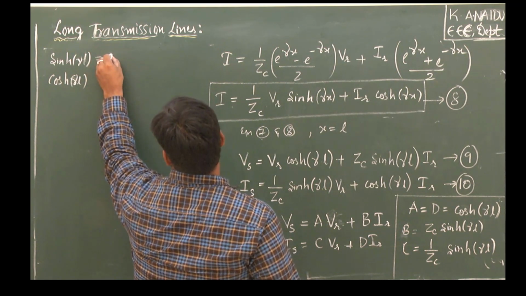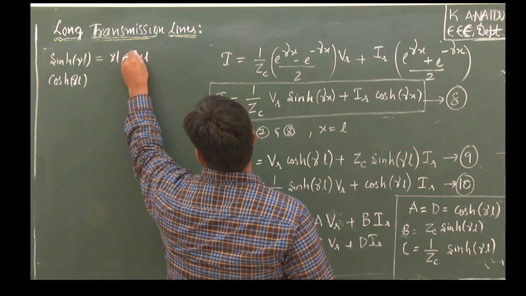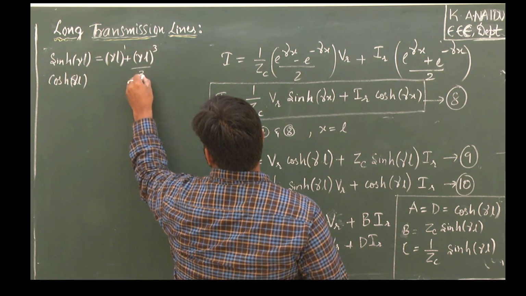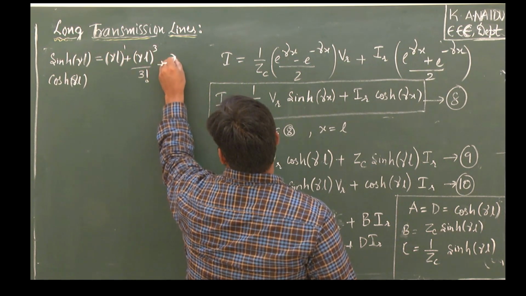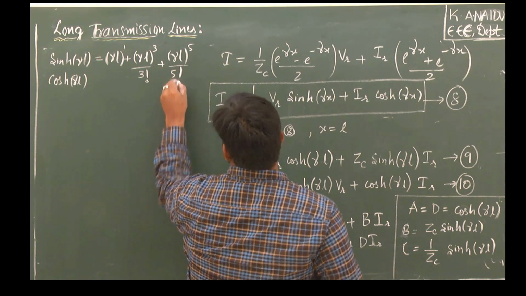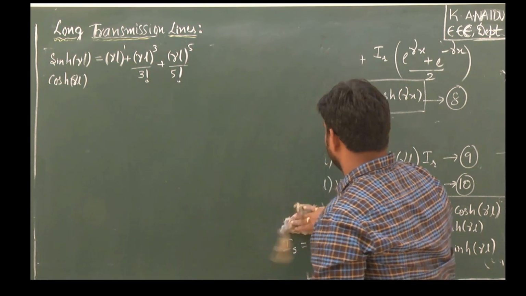You will write it as gamma L plus gamma L whole cube by 3 factorial plus gamma L whole power 5 by 5 factorial and so on. Like this you can expand.